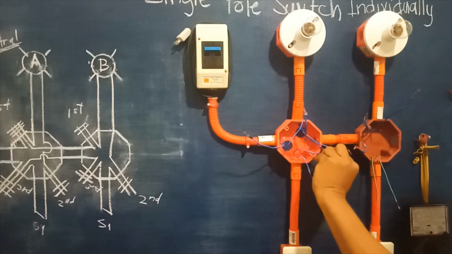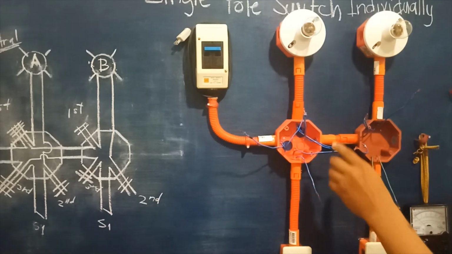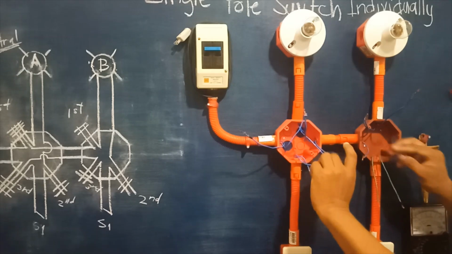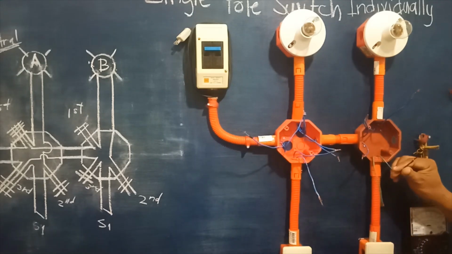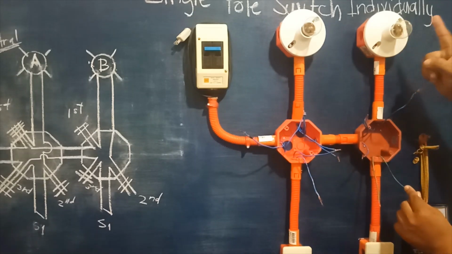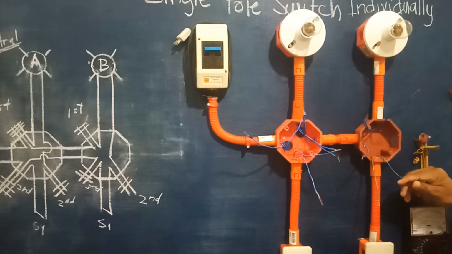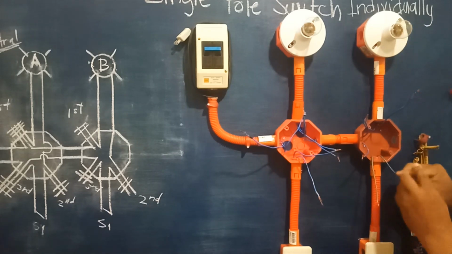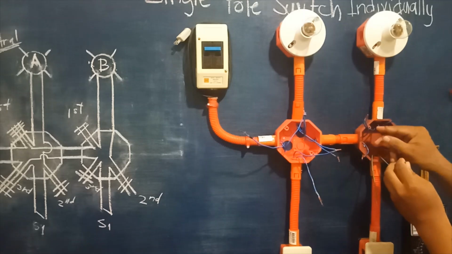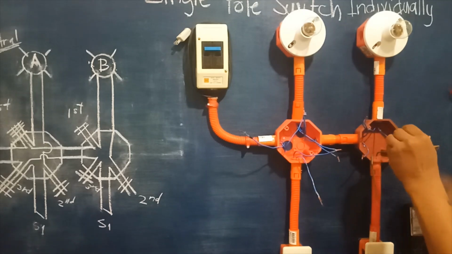Right, one second cycle. Then of course here, for our second cycle here, from the load, which is the bulb B, to the control device in the second location, right here. So hold this tight.